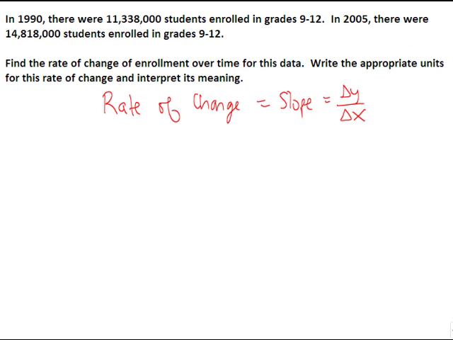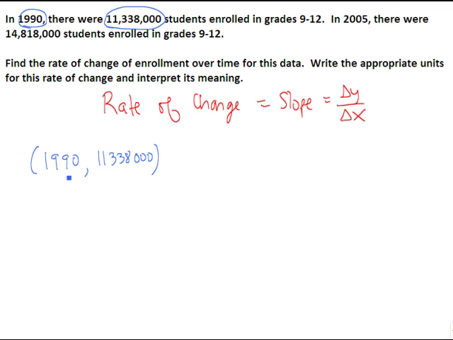So the first thing I want to do here is identify a couple of ordered pairs, two numbers that go together. In this example, it makes sense to take your year, 1990, and your number of students enrolled and think of those together as forming an ordered pair. So I could write the ordered pair 1990, comma, 11,338,000.